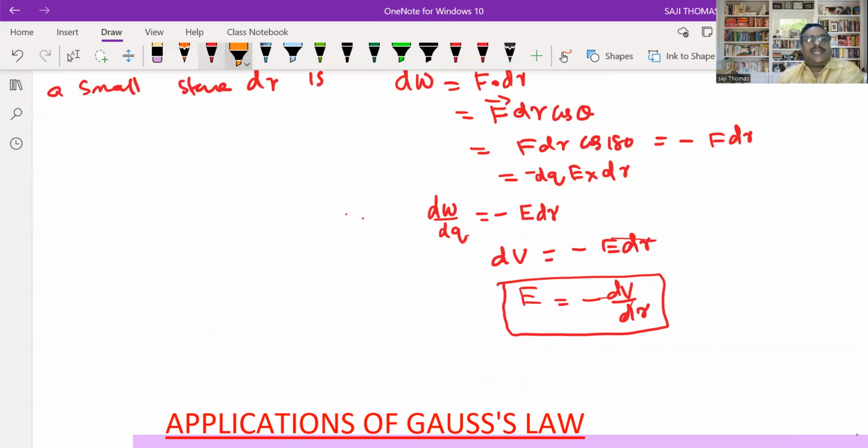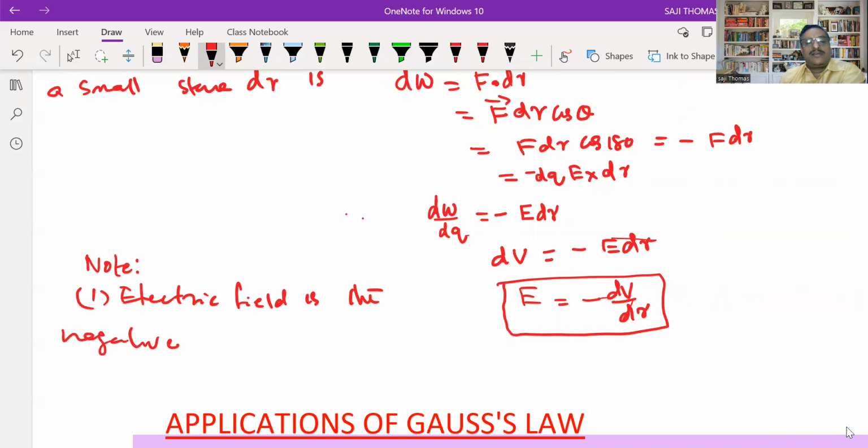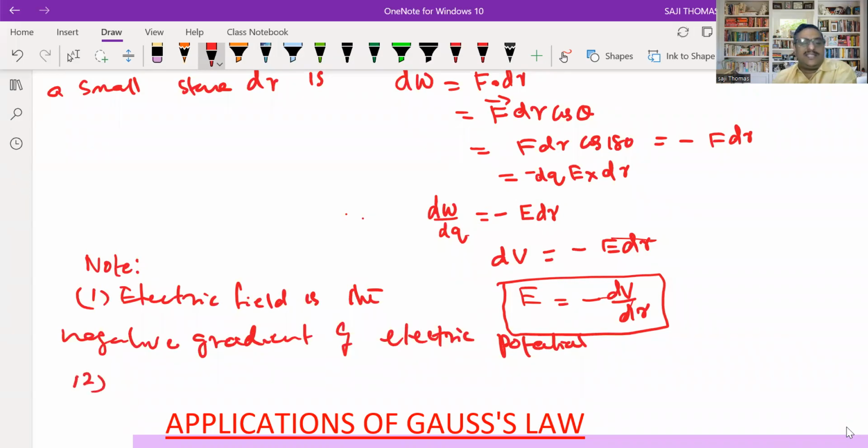First conclusion is electric field is the negative gradient of electric potential, so you write this as a note. And there is a negative sign there. What is the importance of the negative sign?